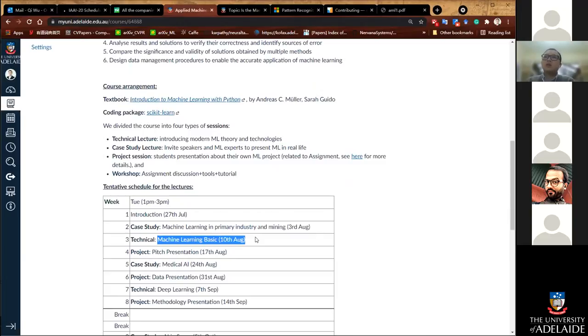I assume you already know that, but still I will spend some time to recall some concepts, because maybe some of you learned it last semester or previous year. So I will use this technical session to recall some concepts we have learned, like what is supervised learning, what is unsupervised learning, what is reinforcement learning, right?